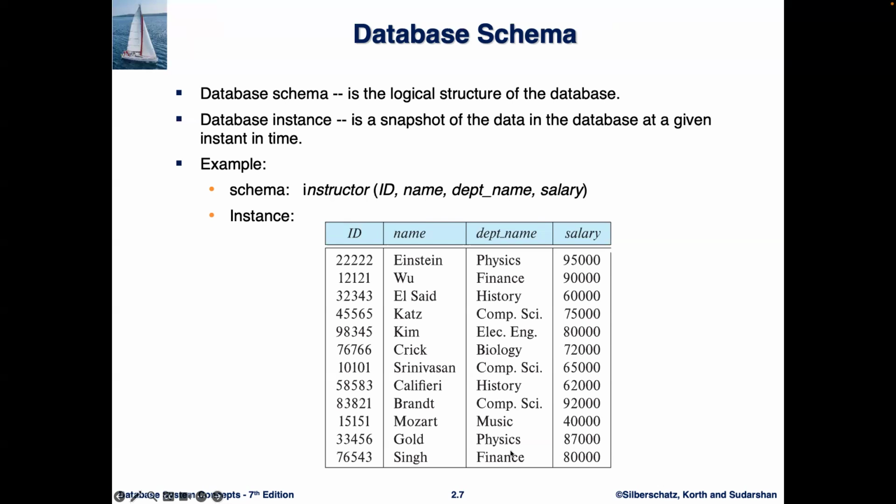That means we cannot uniquely identify a single tuple or single row. The only thing that is unique is the ID, for example 12121, which indicates only the finance tuple with salary 90,000. That means this ID is unique to this table instance.